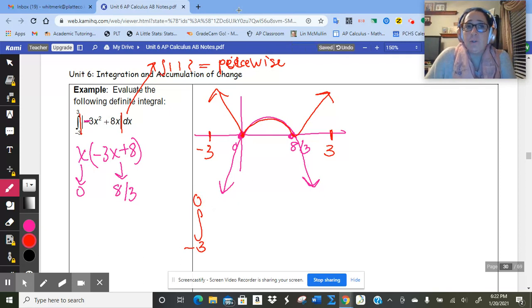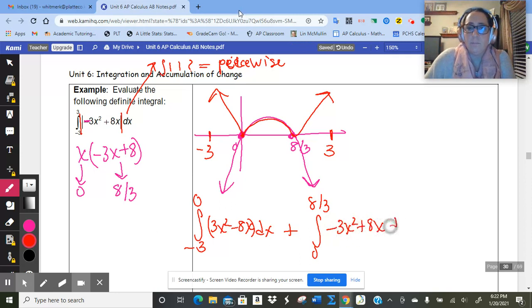And that one we had to flip. So we're going to integrate the opposite signs. Then we're going to add on the integration from 0 to 8/3, but we did not have to flip this part, so it gets to stay exactly as it was. And then we're going to add on the integral from 8/3 to 3, and we had to flip, so we have the opposite signs.